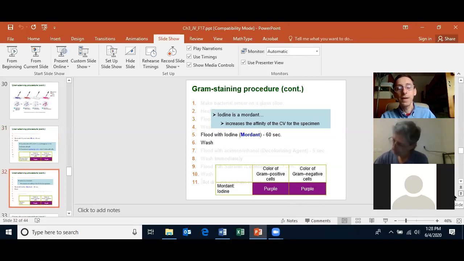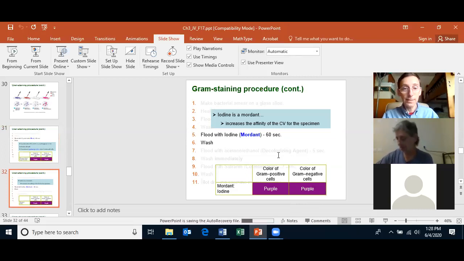We then, after the water wash, will flood the slide with iodine. As I mentioned, iodine is a mordant. What iodine is doing is it's complexing with the crystal violet in the specimen so that the crystal violet iodine complex is a bigger molecule than either the molecule of crystal violet or the molecule of iodine.